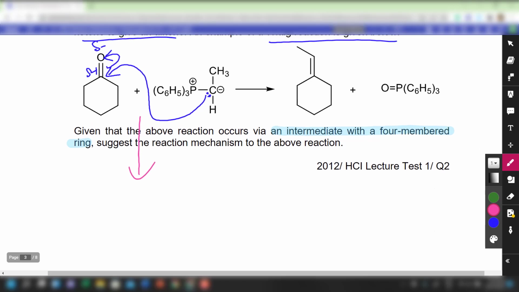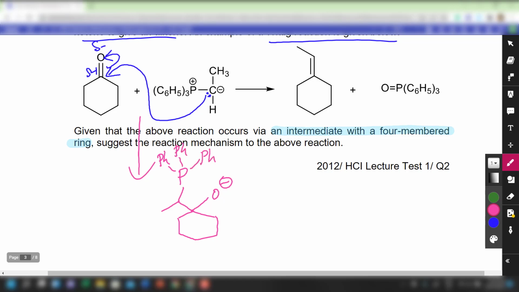Okay, so when we try to perform a nucleophilic addition reaction, what we're going to get here on the ring is an O minus. Okay, and then of course we have a carbon here with a CH3, and then again I'm going to have a phosphorus here with 3 benzene rings. So I'm going to just put it as phenyl.